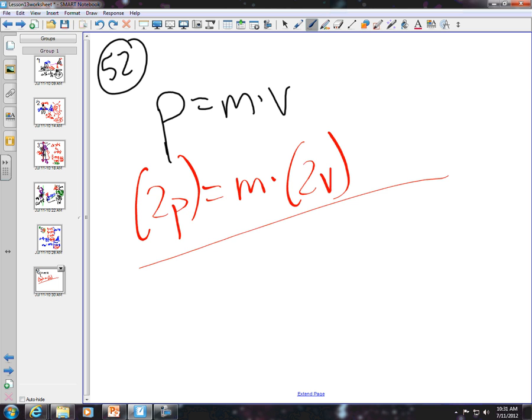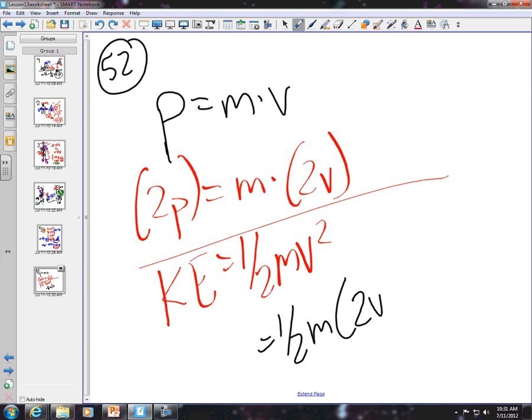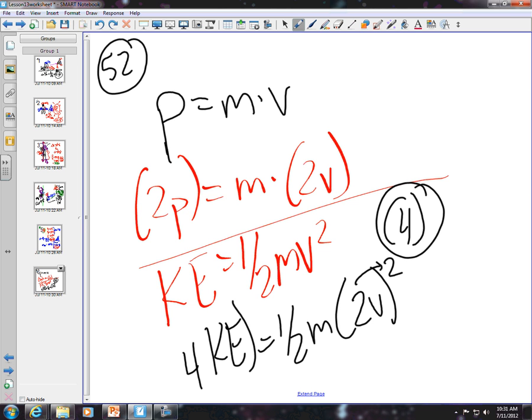what about the kinetic energy? Well, kinetic energy, if you remember, is 1/2 mv squared, and this is actually something that was important to us. If you double the velocity, it's 2, 4, right? Becomes 4 times as much, 2 squared. And you quadruple the kinetic energy.